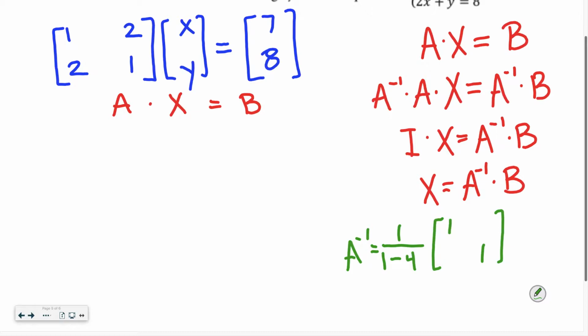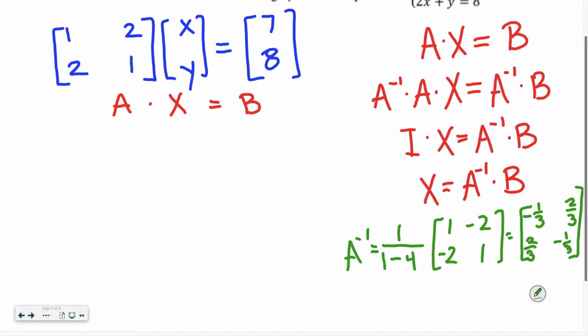And then we negate B and C. All right, so what does that make our inverse matrix? Okay, this is just 1 over negative 3, correct? So we have negative 1/3 times 1, negative 1/3 times negative 2, negative 1/3 times negative 2, and negative 1/3 times 1. Okay, there is our inverse matrix.